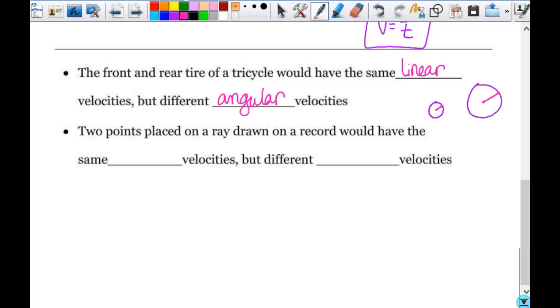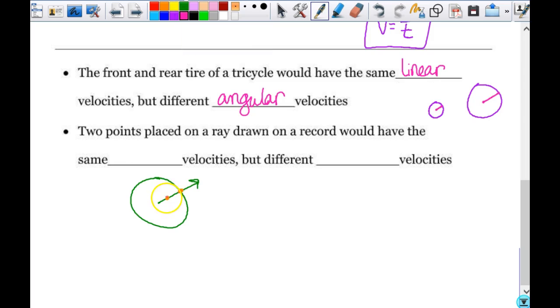So then we have 2 points placed on a ray drawn on a record. Here's my record, here's my ray, and here are my 2 points. I'll do this point here and this point here. When the record's going around the little record player, are those going to cover the same amount of ground in one revolution? Think about that.